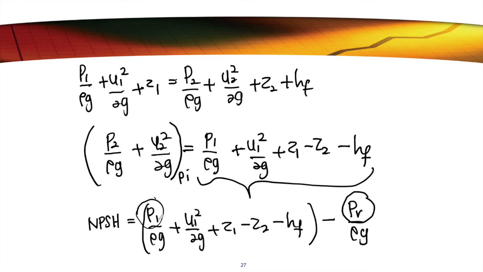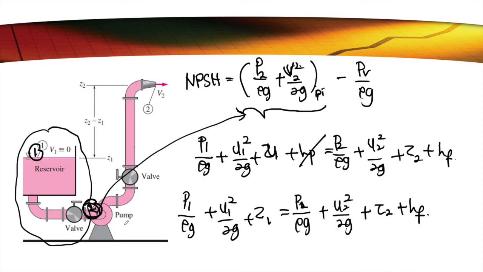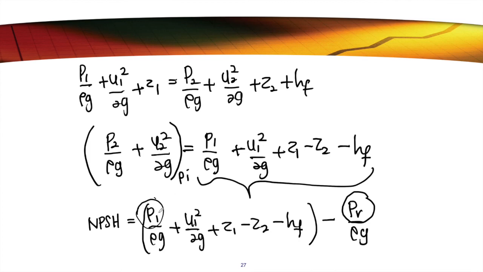So therefore it will remain P1, and you will substitute the value of absolute pressure here. You will not use the gauge pressure here to determine the NPSH. For example, here P1 is 1 atm, 101.32 kPa. Therefore, you have to substitute 101.32 kPa into this equation, because this PV is in absolute pressure.